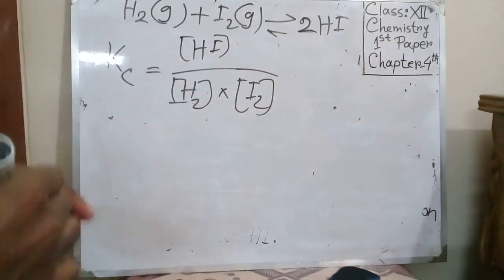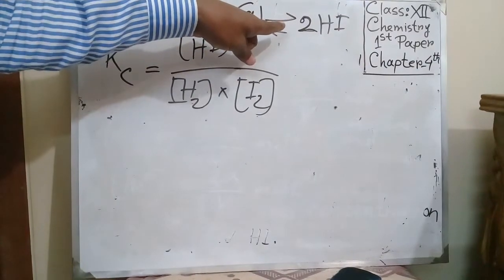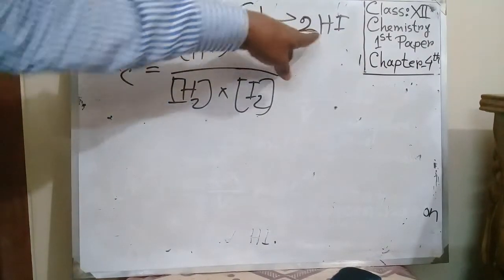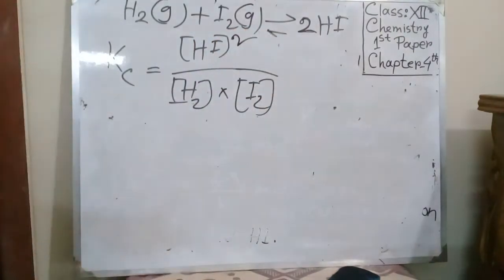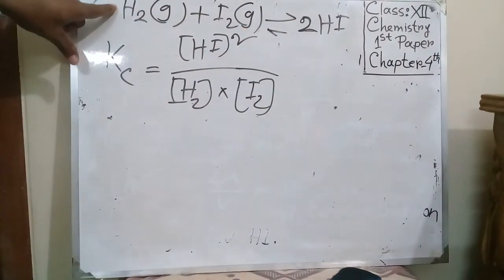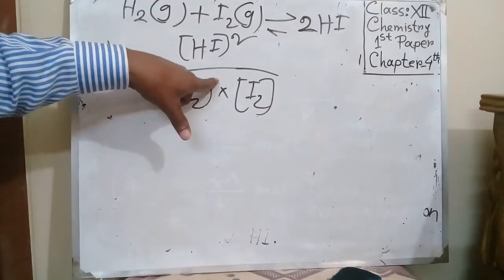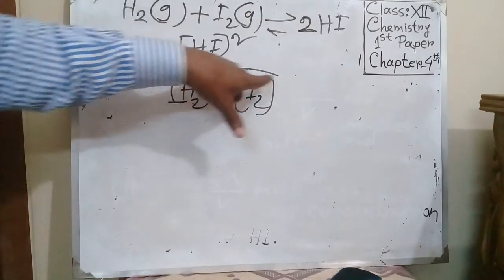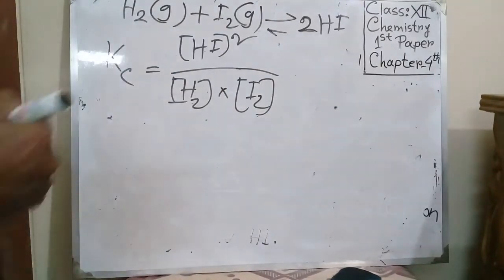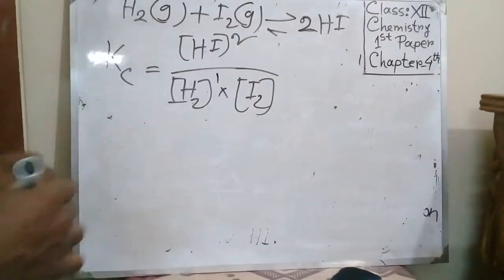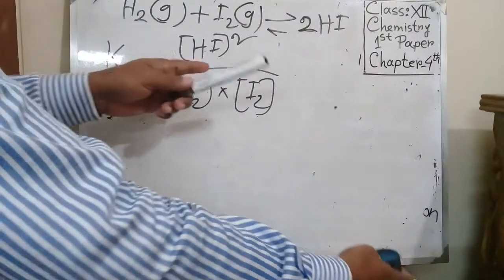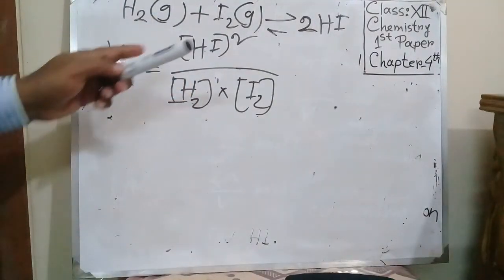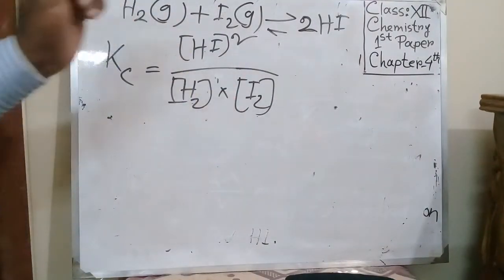As I told you a few minutes ago, it is 2 moles, so it will be a power, that means hydrogen iodide squared. If it were 2 moles for hydrogen or iodine, then I could write 2 as the power, but there is just 1. We could write 1, but it has no value, so we don't write it. This is enough: hydrogen iodide squared divided by hydrogen and iodine.